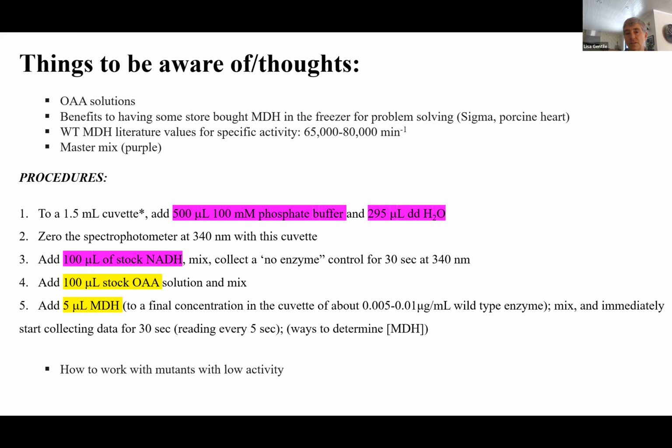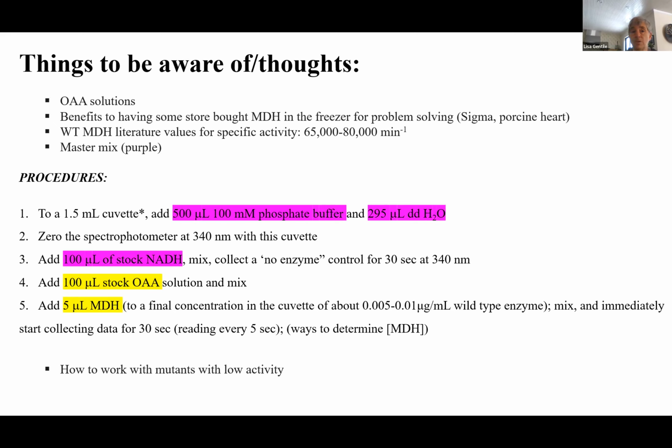So there's no reason why, if I have a mutant that's not really active, I couldn't just add 300 microliters of the mutant and still not change the concentration of NADH or OAA or the concentration of phosphate in the reaction mix. And so that's what I usually do.